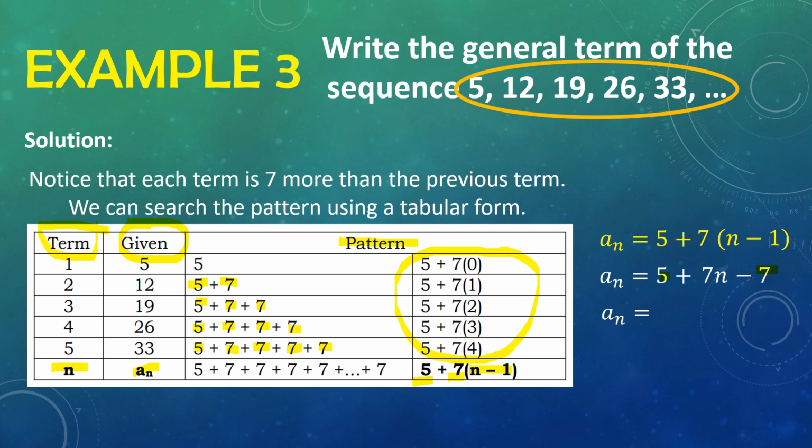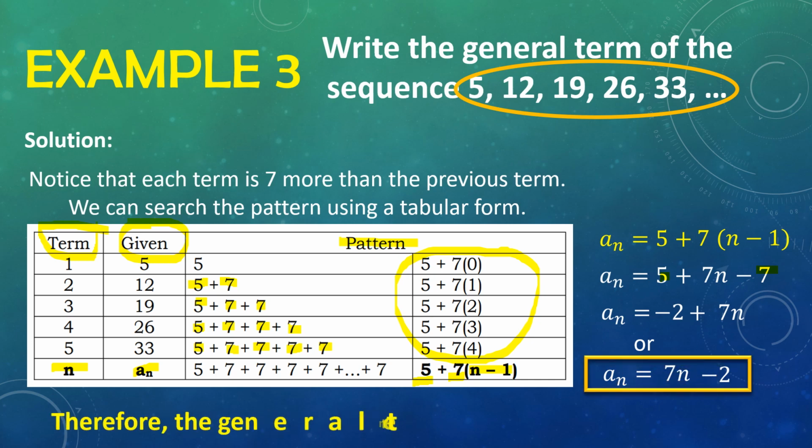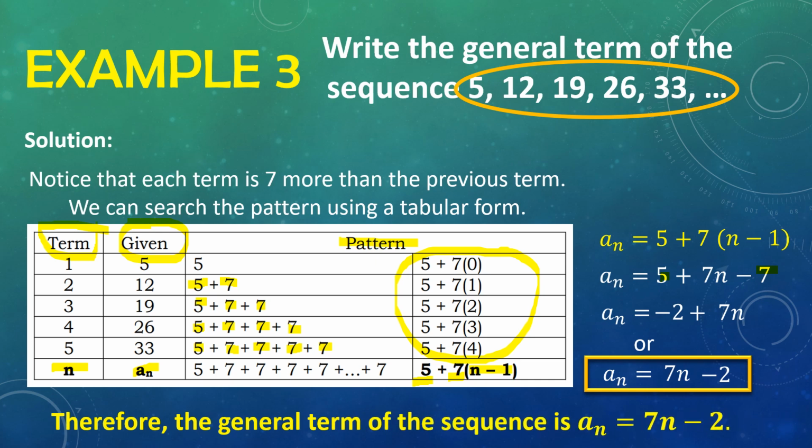So 5 minus 7 is equal to negative 2. Copy the variable 7n. We can also write this one as a sub n is equal to variable first, which is 7n, then copy the constant minus 2. Therefore, the general term of the sequence given above is a sub n equals 7n minus 2.